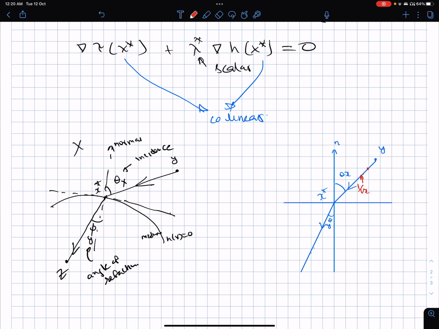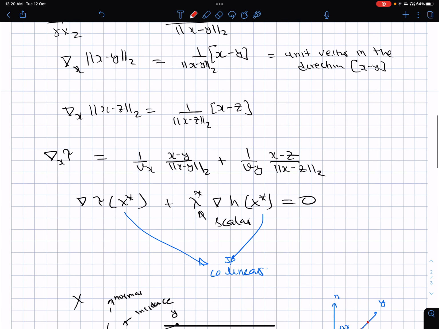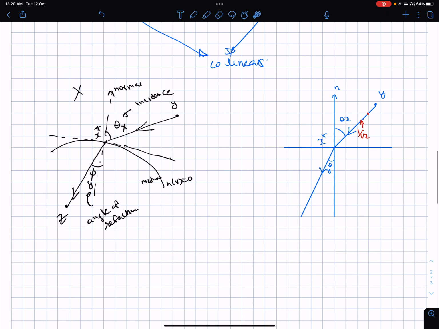Similarly, for the other one, this is the unit vector in the direction of x minus z, and I am going to scale it by Vy. Let me see.